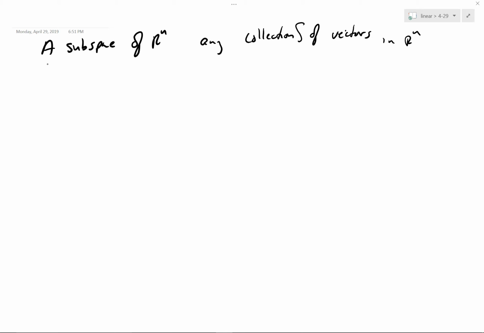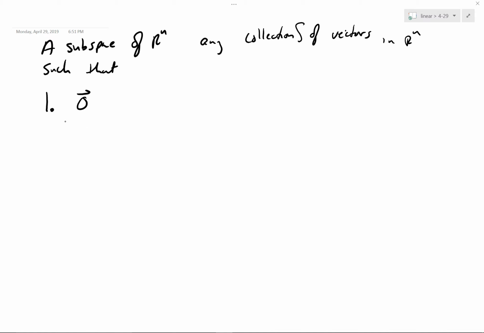A subspace of Rn is any collection S of vectors in Rn such that the zero vector shows up. The zero vector must be included.